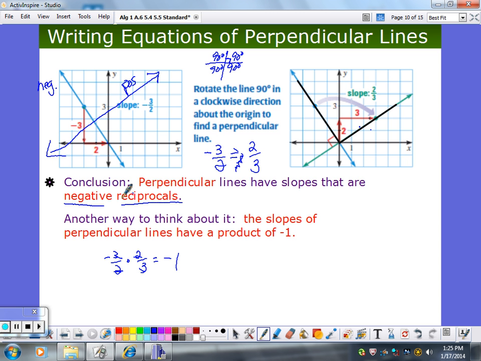So they're negative reciprocals of each other and their products are -1. So let's review. Parallel lines, same slope. And perpendicular, I'll use this symbol because it looks like perpendicular lines. They are negative reciprocals.